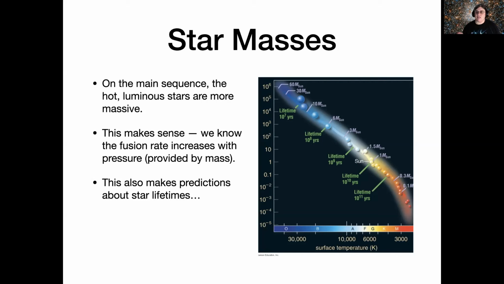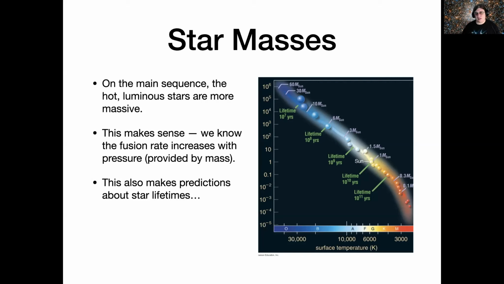We know from the sun that if you increase the temperature and pressure in the core, because you are piling on more stuff, the fusion rate goes up. So stars are producing more energy, and we'd expect them to be more luminous, which would put them higher on the main sequence.